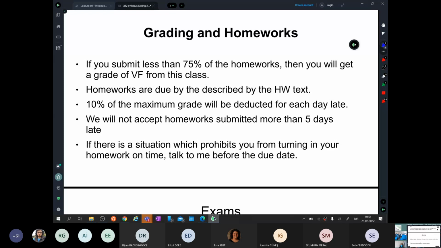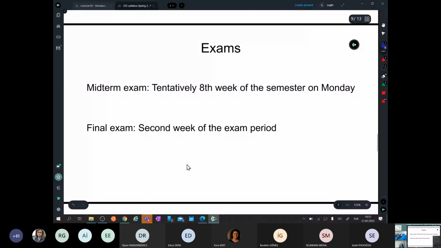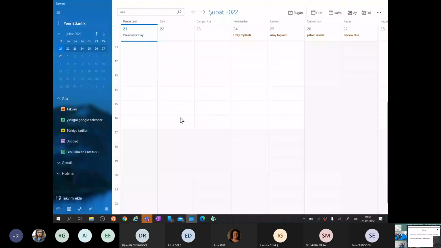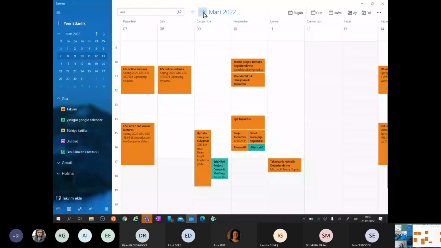Exams, tentatively 8th week of the semester on Monday. So that means what? Let me open this. So this is the first week, second, third, fourth, fifth, seventh, and eighth.